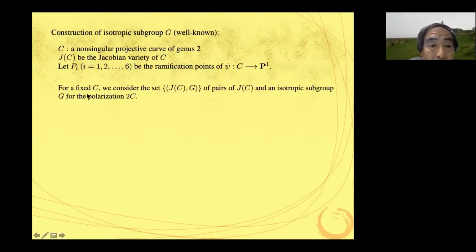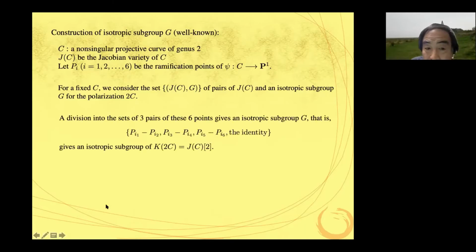And for fixed C, we consider the set of pairs of Jacobian and isotropic subgroup for the polarization of 2C. Then it is classically known that division of these 6 points into a set of 3 pairs gives the isotropic subgroup G. So like this. This is an isotropic subgroup for this.